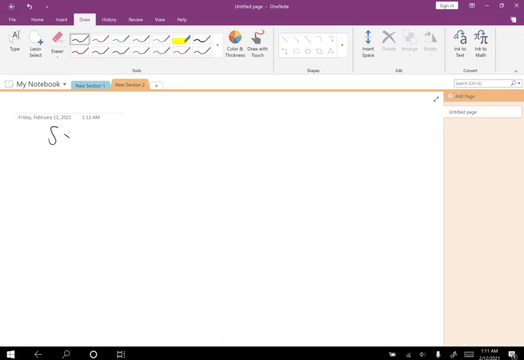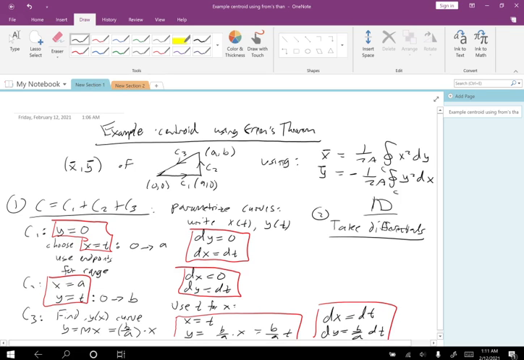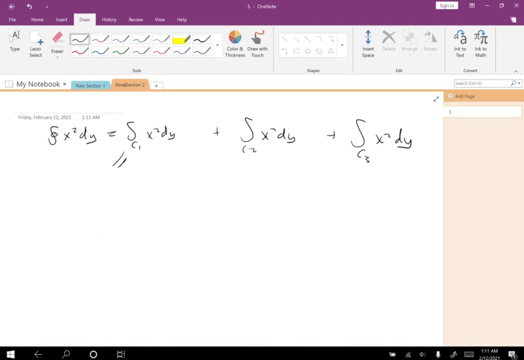So for the integral of x squared dy, we'll have C1 plus C2 plus C3. Let's plug it in for each case. For case 1, we know dy is 0, so that'll just be 0.